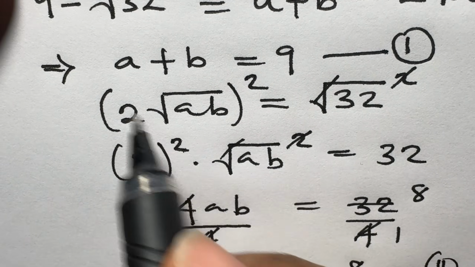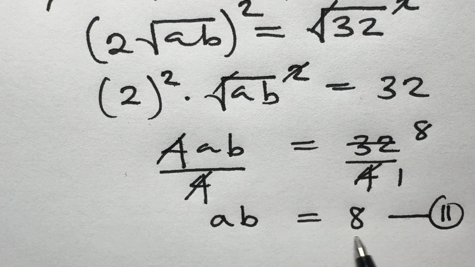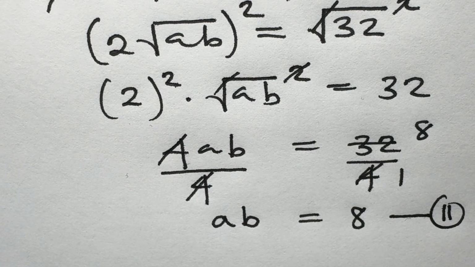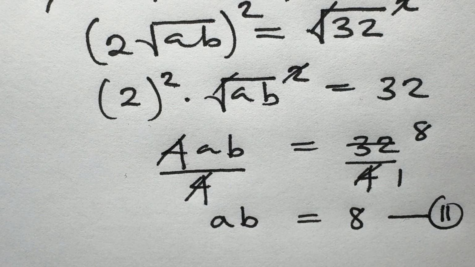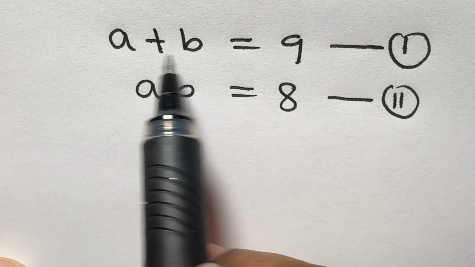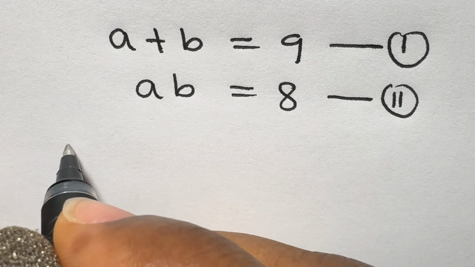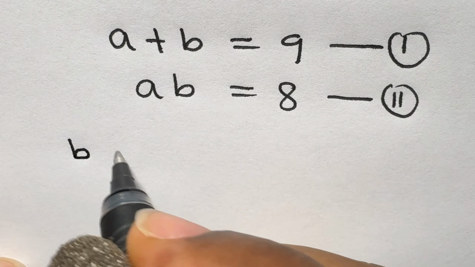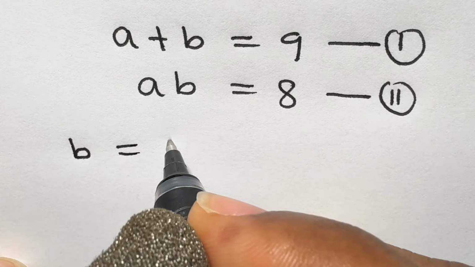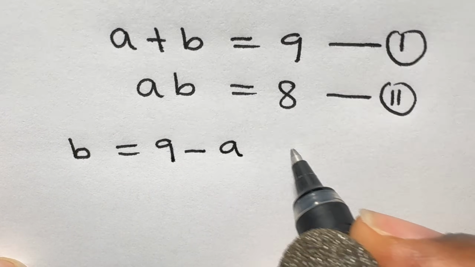Remember the first equation, a plus b is 9, and the second equation, ab is equal to 8. We will now solve these two equations simultaneously to get a and b. I can pick any of the variables from equation 1 and make it the subject of the formula. Let's choose b. So b is going to be 9 minus a, and I'm going to call this equation 3.